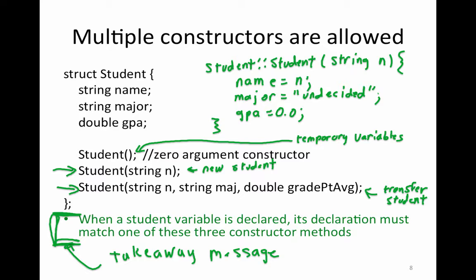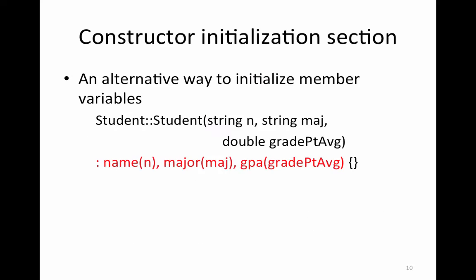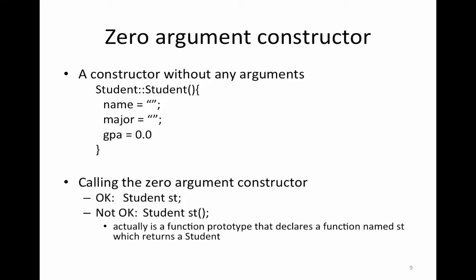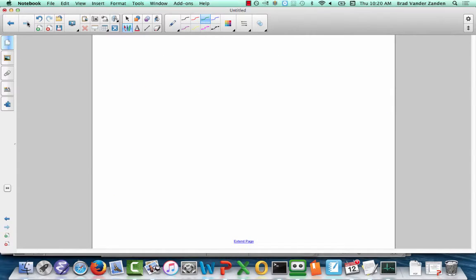So if I don't provide, so let's say in particular, let's go to the notebook again. Let's say that in struct student, I have some field declarations, which I'm not going to enumerate.